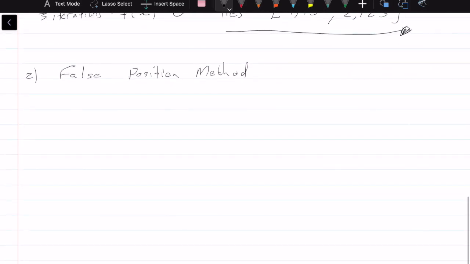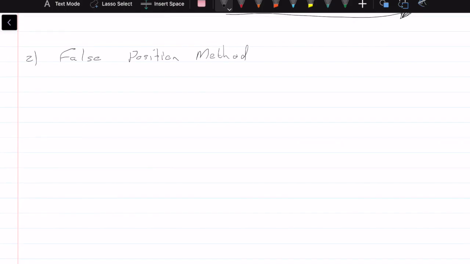and compare the two. The false position method uses a similar idea to the bisection method, where we have f of a, f of b, and f of c, where c is somewhere between a and b. If we have just a random sketch here, a, b, and c will be somewhere in the middle.